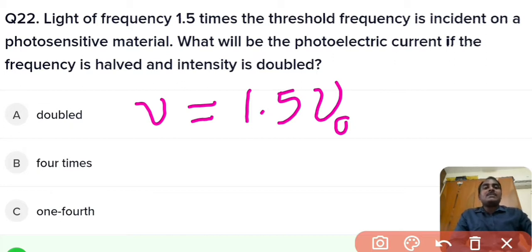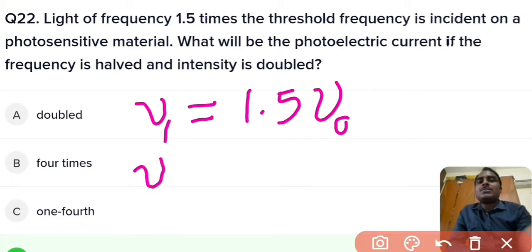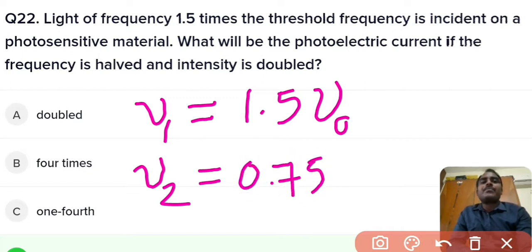Now the second case, what is given? What will be the photoelectric current if the frequency is halved? The frequency becomes half. The frequency is halved: 1.5 times nu naught by 2. 1.5 divided by 2 will be 0.75 times the threshold frequency.